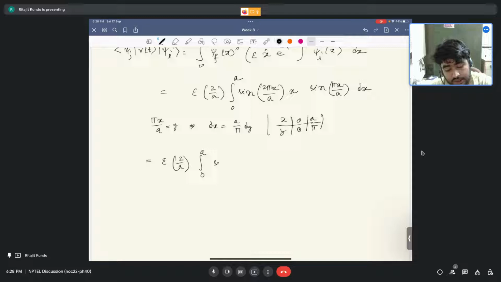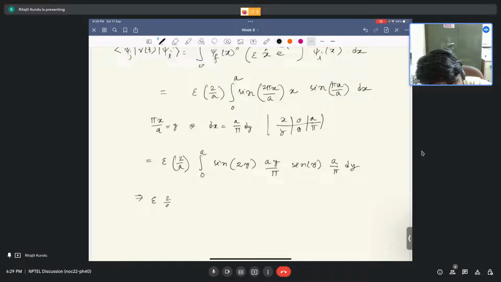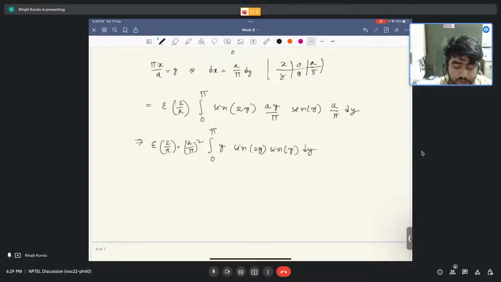So we get sine 2y, times a y by pi, times sine y, and dx is replaced by a by pi dy, with epsilon times 2 by a times a by pi whole squared outside.